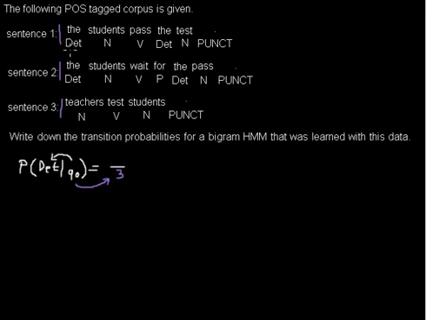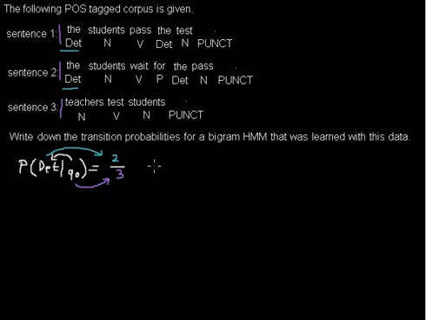That is 1, 2, and here we have something else. So in this case we have 2 determiners, and this gives us the upper number. When we are at the beginning of the sentence, we have a probability of 2/3 that we will encounter a determiner as next.